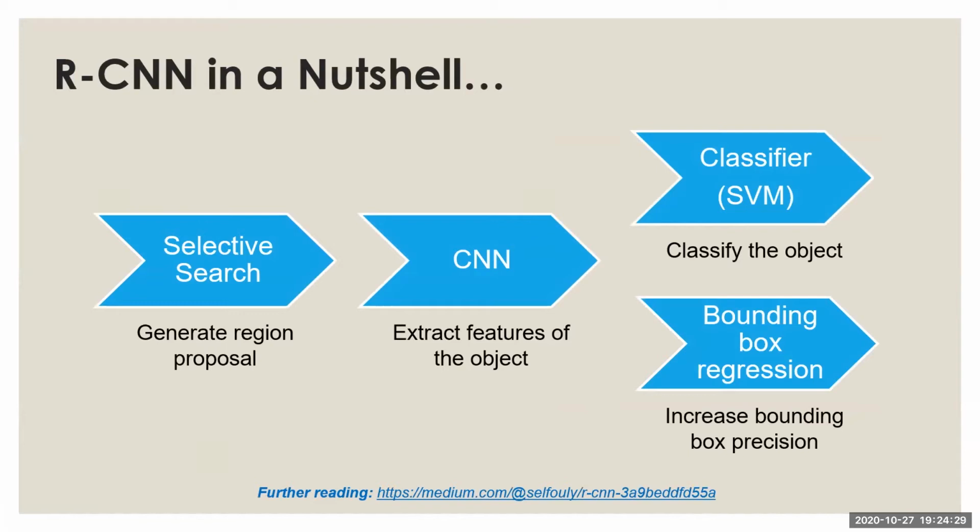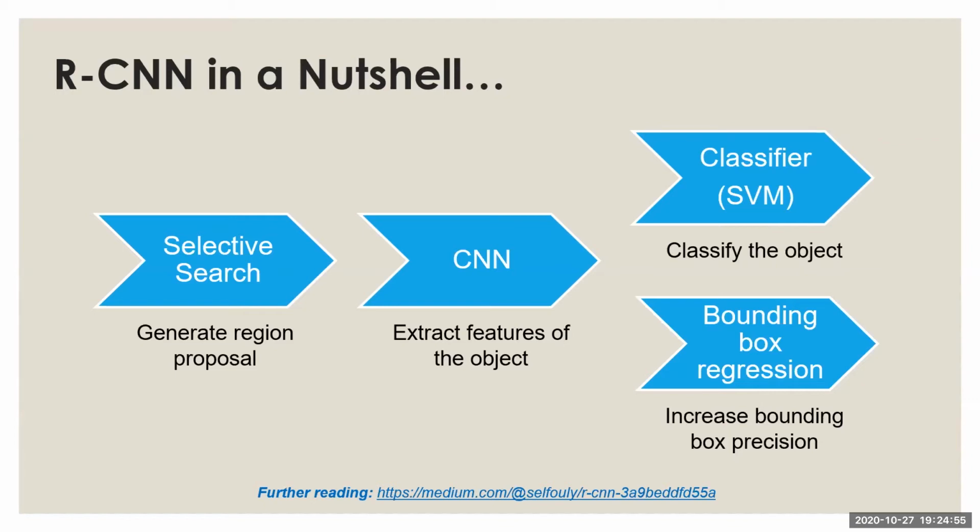In this case, 2,000 of them for each image. And then after that, we're going to have the feature vectors as the output of the CNN, and we're going to feed that into the classifier to classify what object it is and whether there's an object in the region or not, and also into the bounding box regression, so that we can adjust the bounding box so that it fits the object more perfectly.